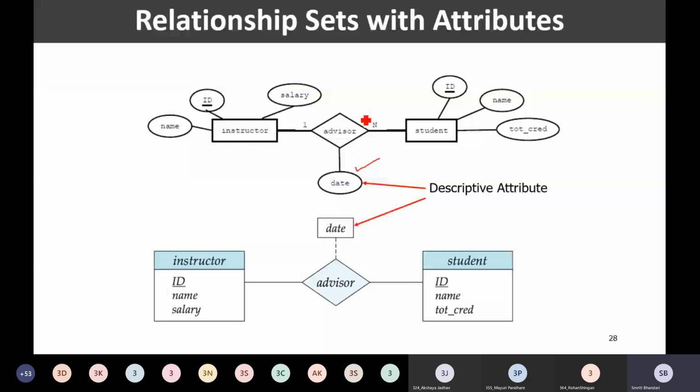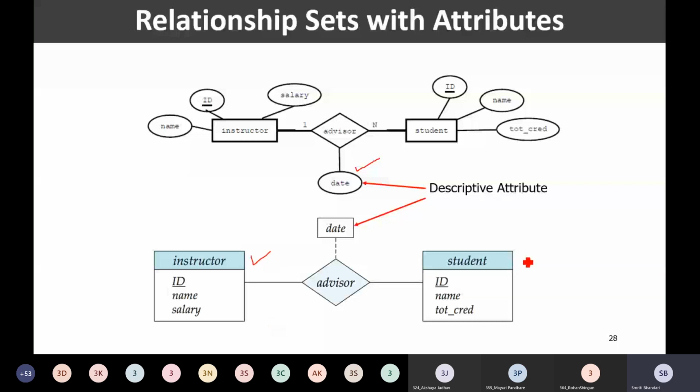So by default these two are there. We are not denoting those attributes along with the relationship set. But if any additional attribute is required to store certain information for that relationship set, then we may make use of the descriptive attribute. Right? Now, in the other kind of notation, how is this descriptive attribute being shown here? Just look at this.